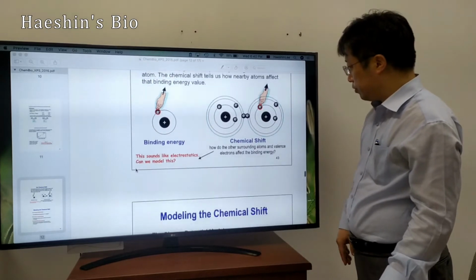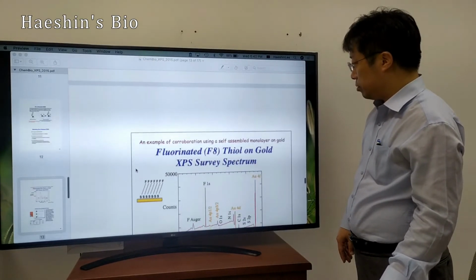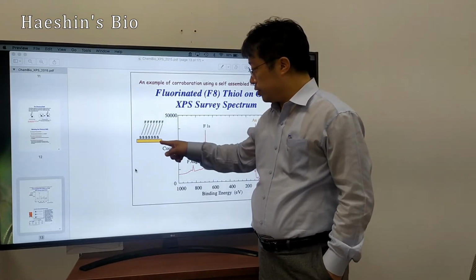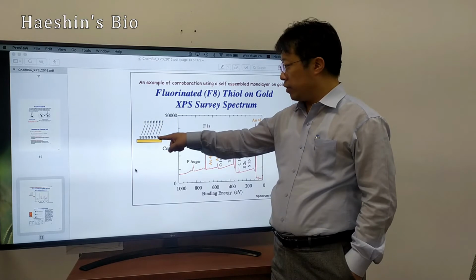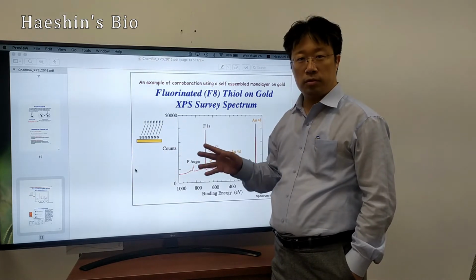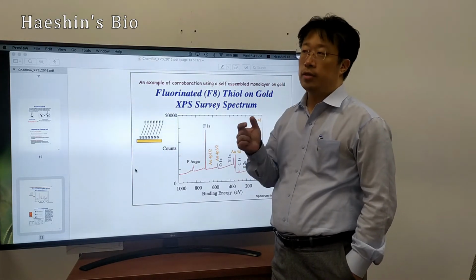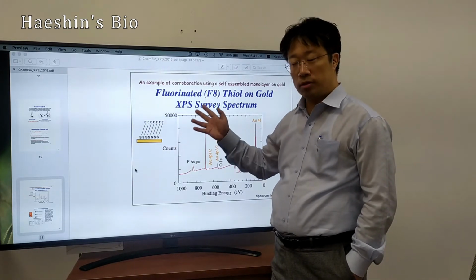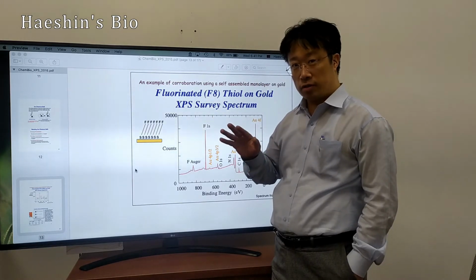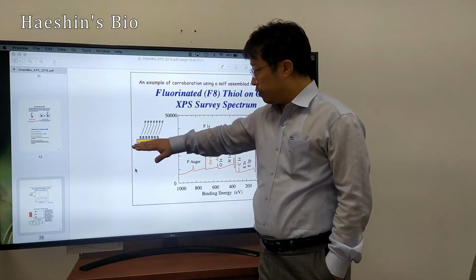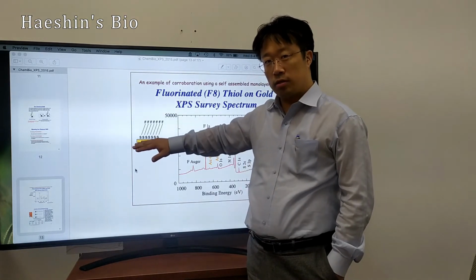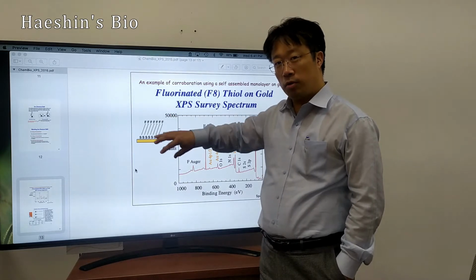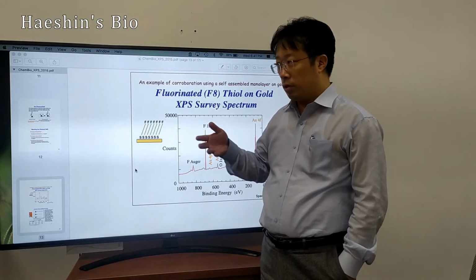So I mentioned this chemical shift here, and this is another example. In this case, you have a gold surface and gold-sulfur binding, which is a system called the self-assembled monolayer, SAM. This is one of the famous methods to modify surfaces. For example, gold is a conducting material. For example, this is a sensor electrode, and you want to immobilize proteins for glucose sensors and many other sensors.